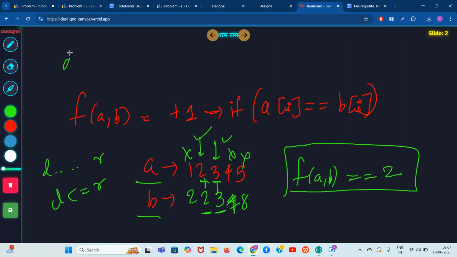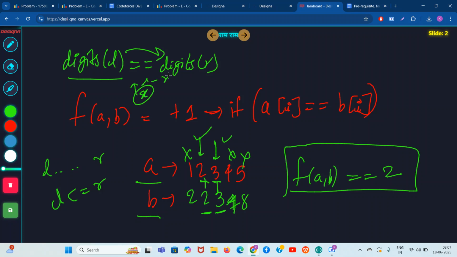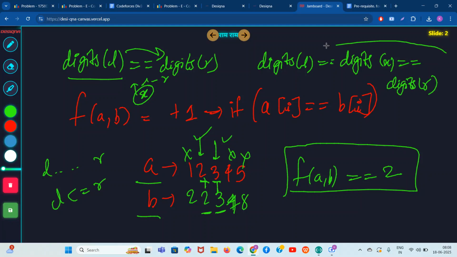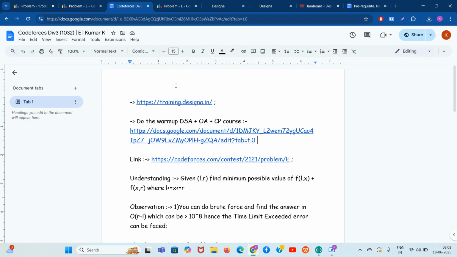But the number of digits in L will be equal to the number of digits in R. So you can easily compare, and X is any number from L to R, which means the digits in X you pick for minimizing the answer will be equal to the digits of R. These are a few basic observations which you can easily make, and you can make sure that you get to the crux of it. Okay, so this thing is done for you.